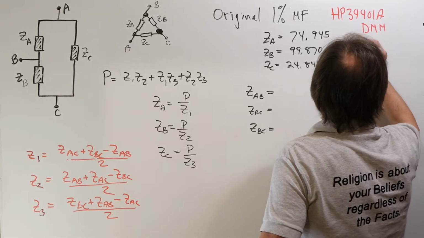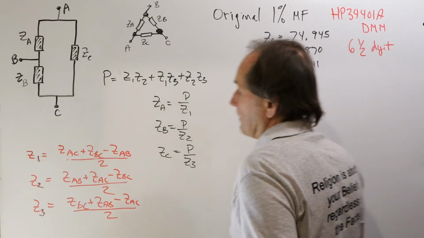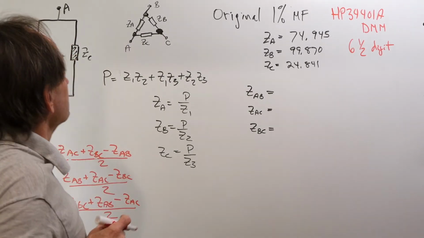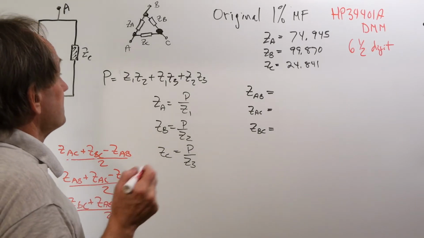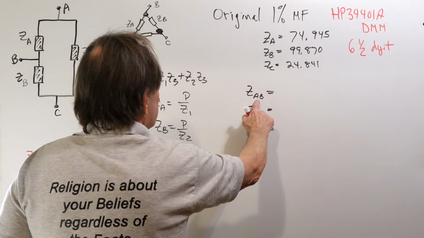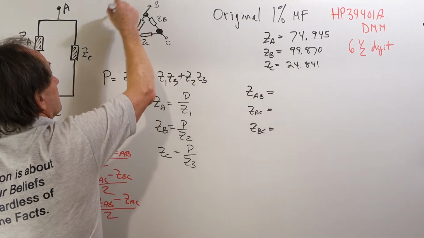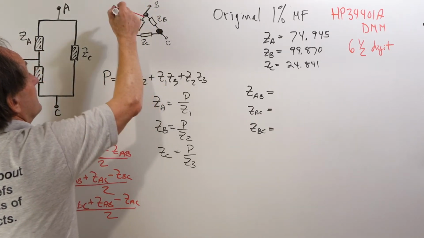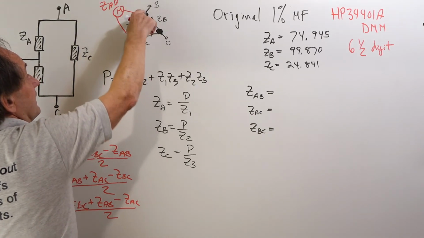This is a 6.5 digit multimeter with on the order of a couple parts per million accuracy. Very good digital multimeter. So to measure the resistance between node A and B, I first connected the meter leads between A and B and measured ZAB.